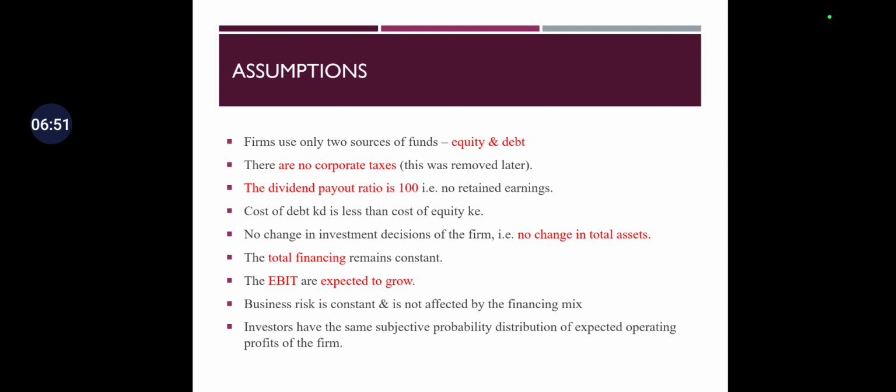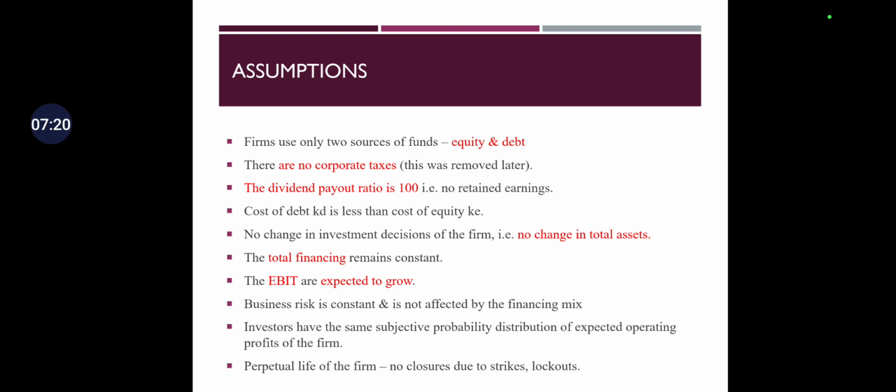And the next assumption is, investors have the same subjective probability distribution of expected operating profits of the firm. So whatever your capital structure, investors will expect the same operating profits. Operating profits is nothing but the EBIT. That remains constant and is always expected to grow. And perpetual life of the firm.